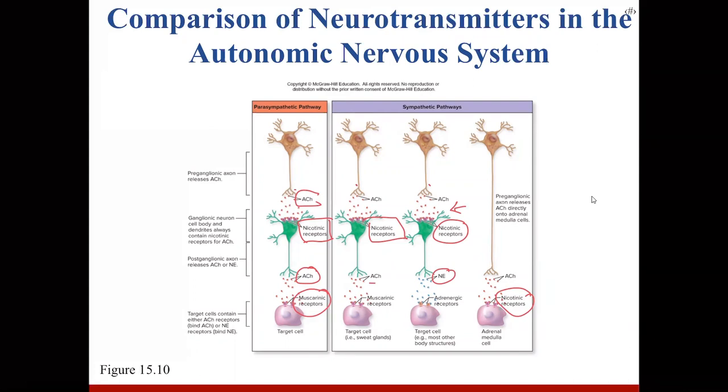And then different target cells have different receptors: muscarinic and nicotinic.